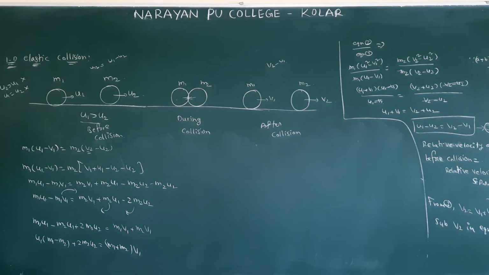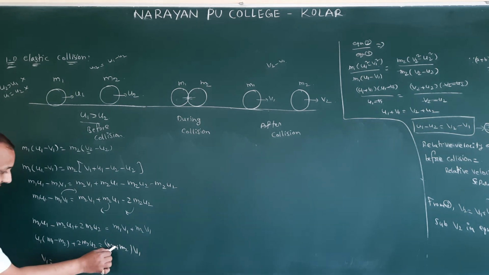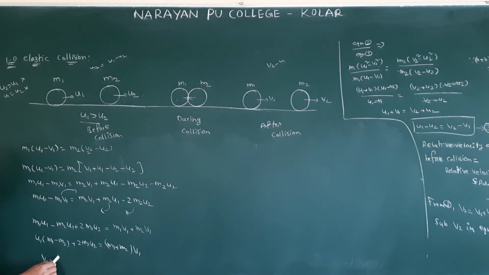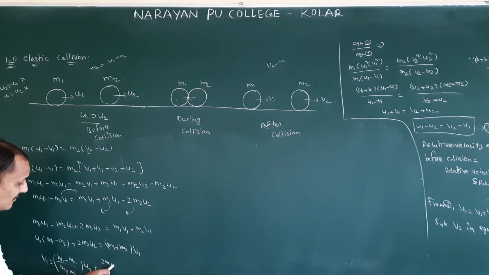Now v1 is equal, you can check once. v1 is equal to, m1 plus m2 will be coming this side, so (m1 minus m2) by (m1 plus m2) into u1 plus 2m2 by (m1 plus m2) into u2. So this is the equation for v1.